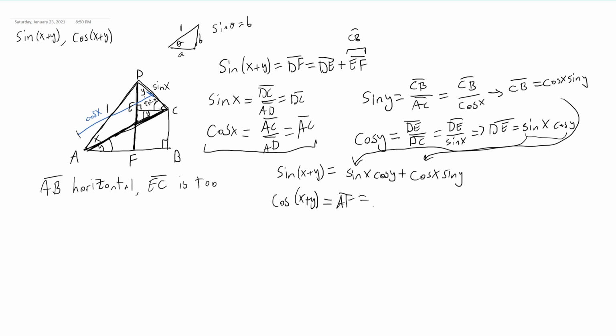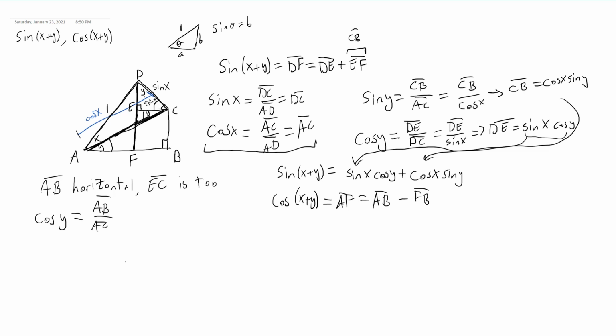But AF can be decomposed into AB minus FB. Now, if we look at AB, we can get that using the cosine of y. So cosine of y is AB over AC.